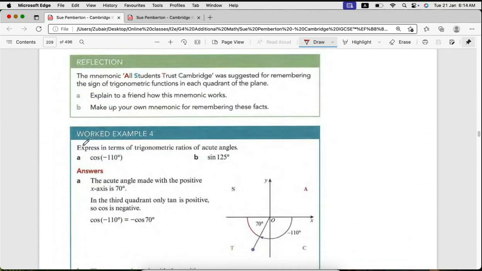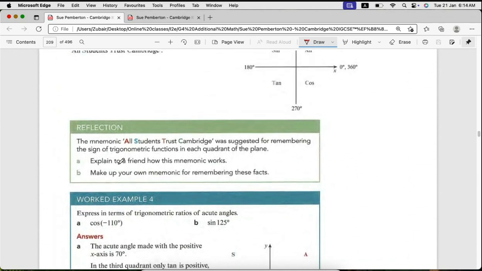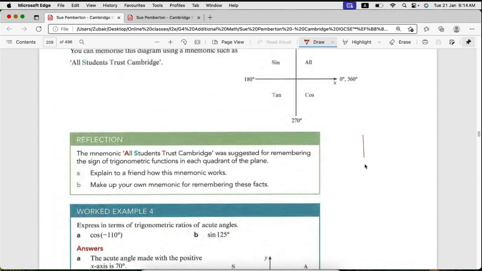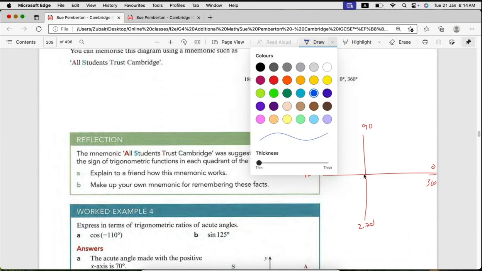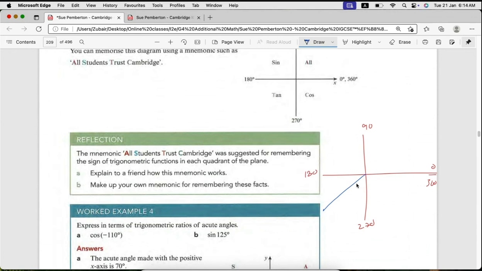Okay. Express in terms of trigonometric ratios of acute angles. This is minus 110, negative 110. We know 0, 90, 180, 270, and 360. Now, this negative 110 is coming somewhere here, more than 90. This is negative 110.